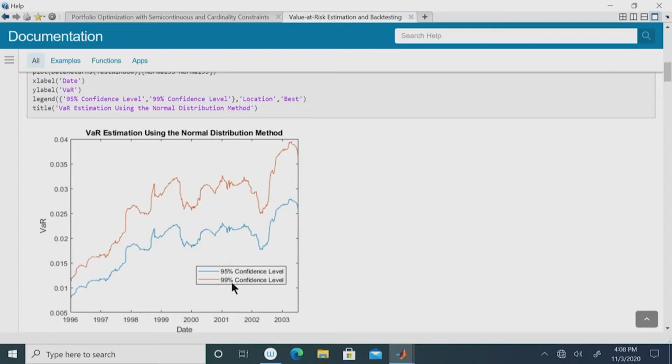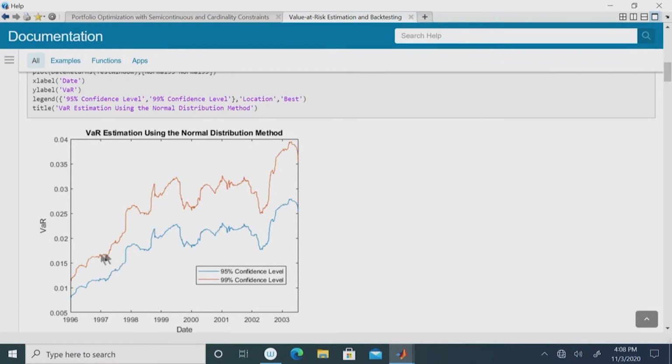And so, obviously when you are looking at 99% confidence level, the value at risk that you are estimating is going to be more than the corresponding value at risk at 95% confidence level, because 99% confidence level means that you will essentially get a much more conservative estimate of the value that is actually at risk.